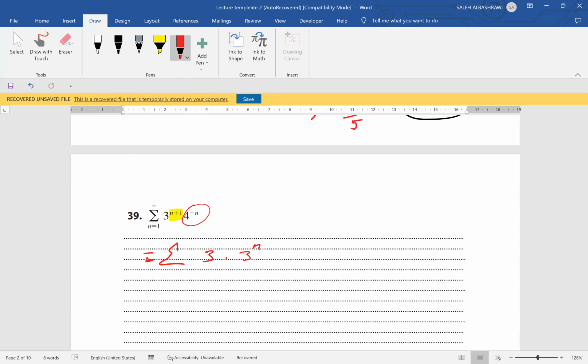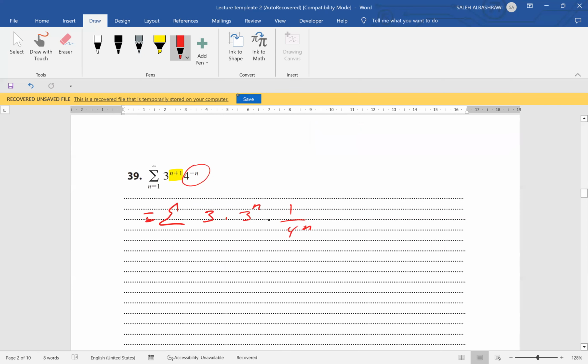And 4 to the power minus n can be written as 1 over 4 to the power n. So you can say the sum of 3 multiplied by 3 over 4 to the power n, where n starts from 1 to infinity.